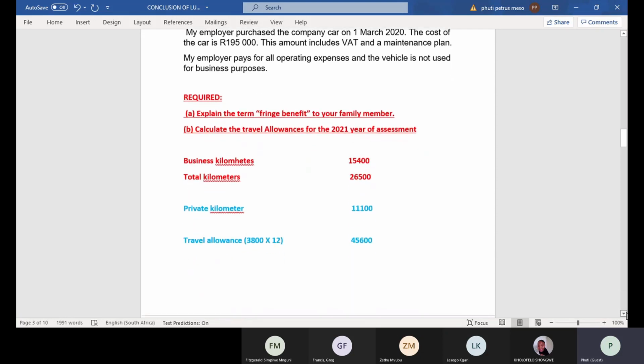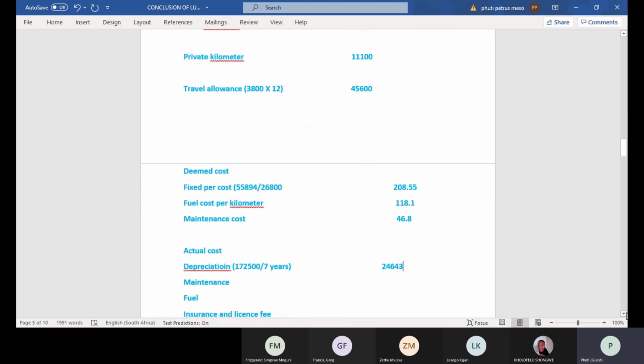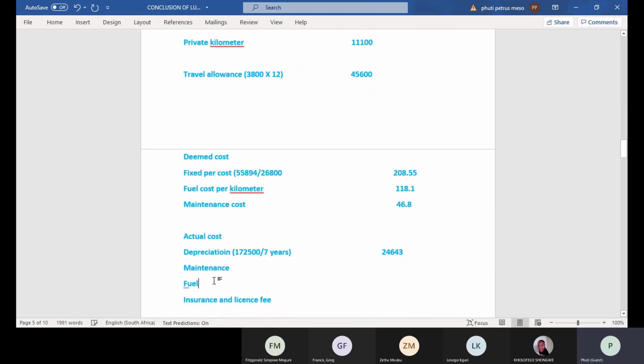Fuel is 12,000. And insurance and license fees about 4,200 rand. Let me just verify the figures are fine.